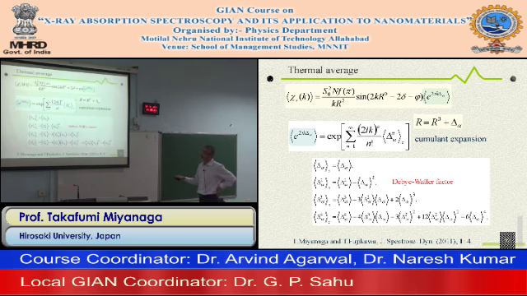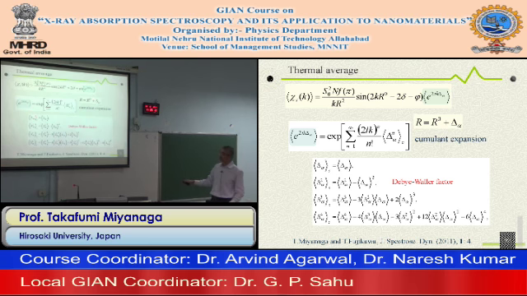Now this exponential function is expanded into the cumulant expansion, and there are several cumulants here. Delta alpha is the displacement, which has the dimension of length.